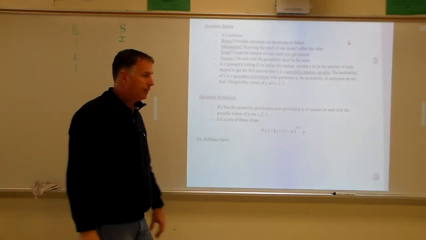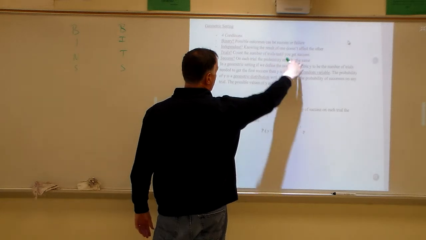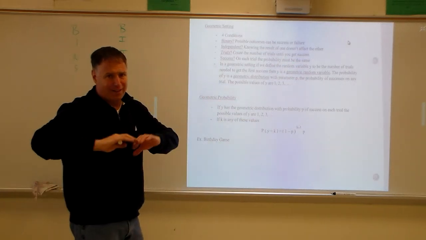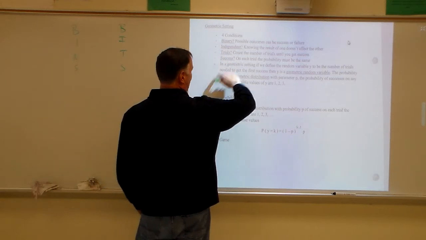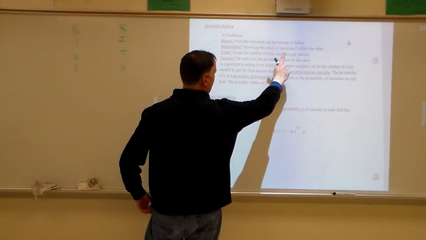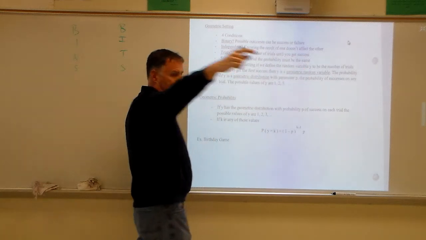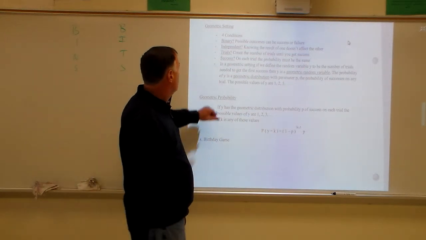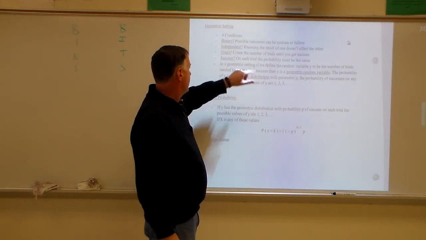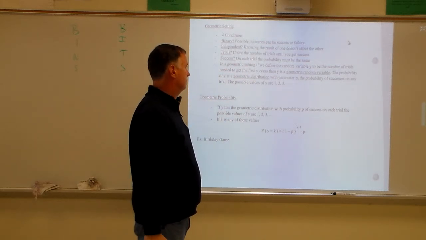Two things that can happen. Independent, knowing the result of one doesn't affect the other, the same. Trials, count the number of trials until you get success. That's what makes it geometric, okay? Success. On each trial, the probability must be the same.